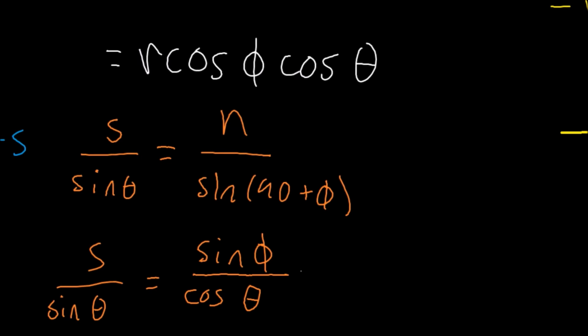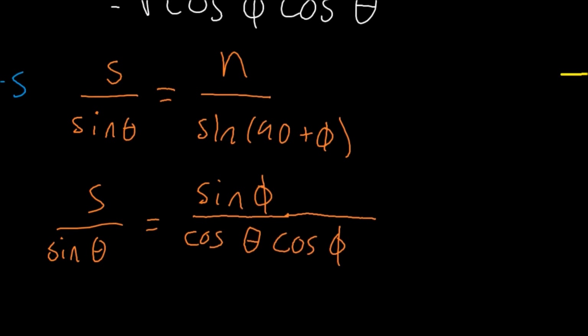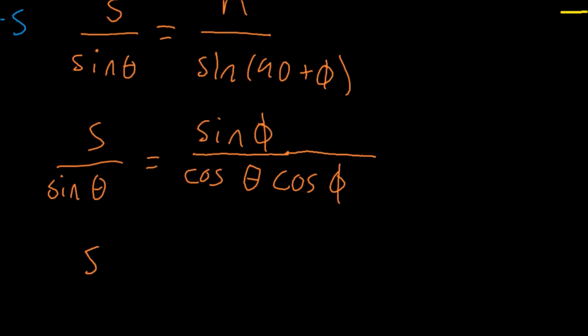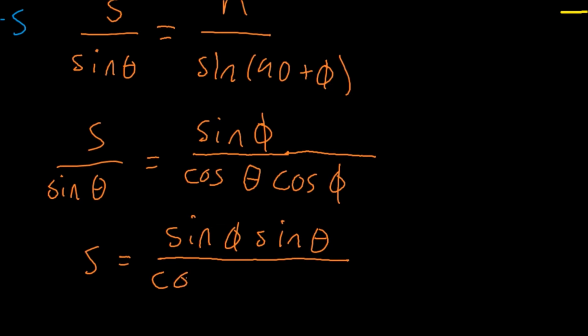And then this is going to be multiplied by 1 over cosine of phi, my bad. From here, now we have this expression, and we could write down that s equals sine of phi times sine of theta, all divvied out by cosine of theta, cosine of phi.